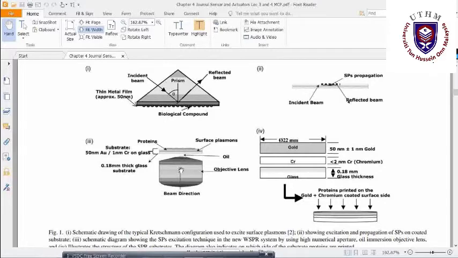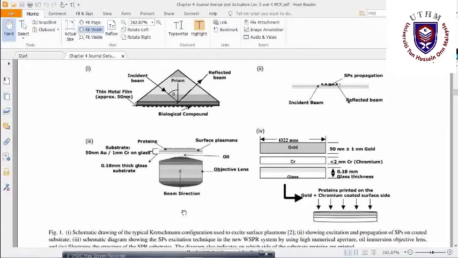Now the beam is diffused using a diffuser, so that multiple points of laser focusing on the sample is achieved in the wide field surface plasmon system. And now you are imaging from the bottom of the sample, not like this, where you are striking from the top and then getting the reflected beam.